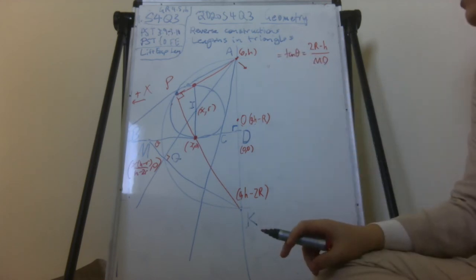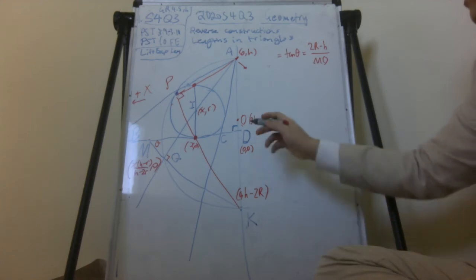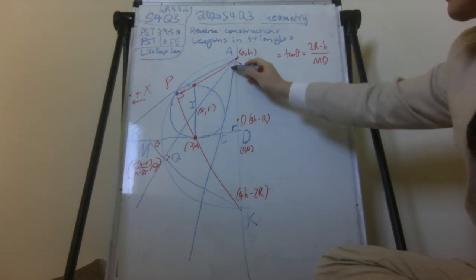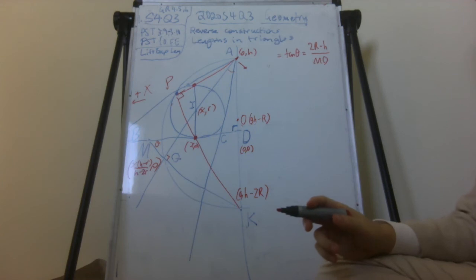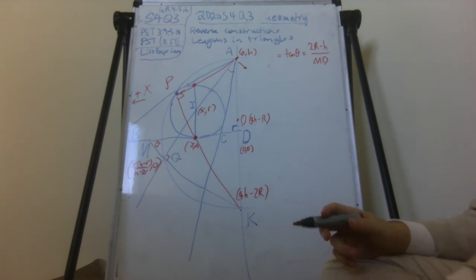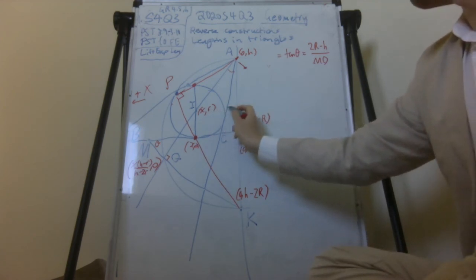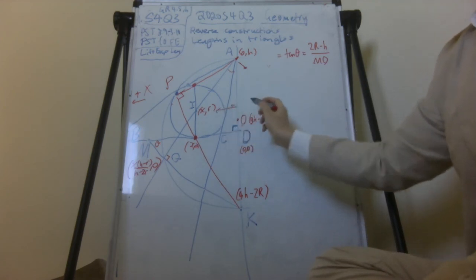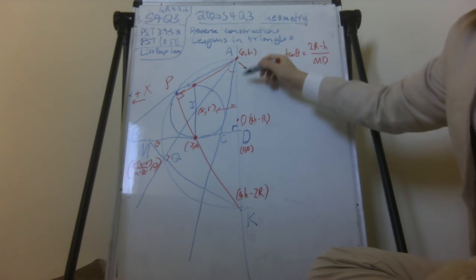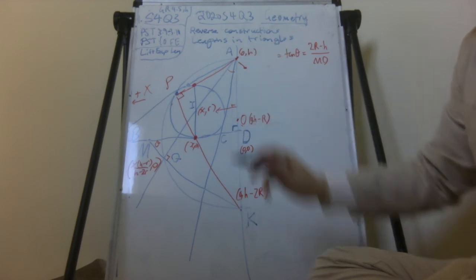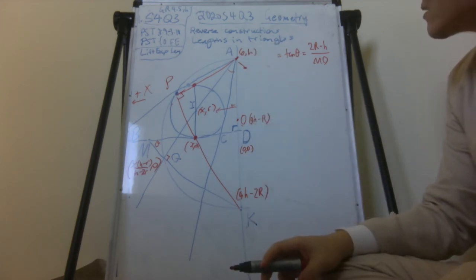And it's also equal to, for example, this angle up the top. So you can draw a triangle here, for example, which gives h minus, what's that length?